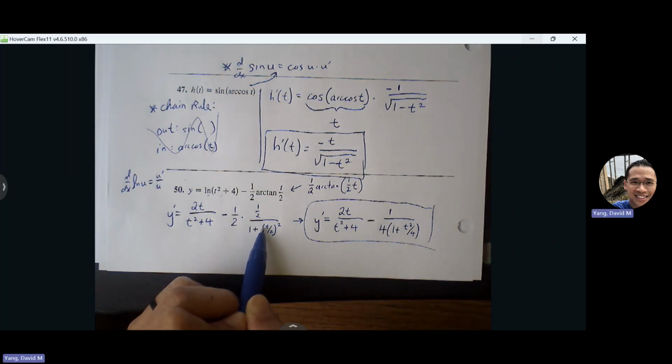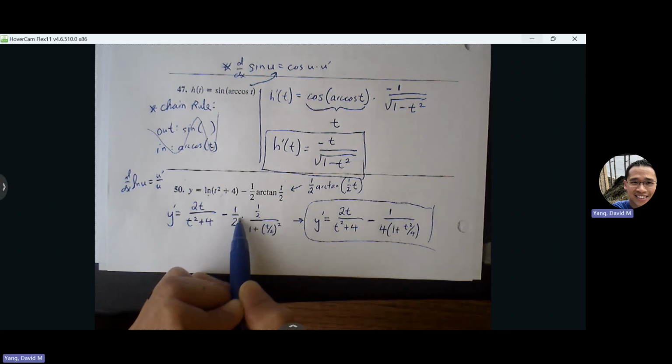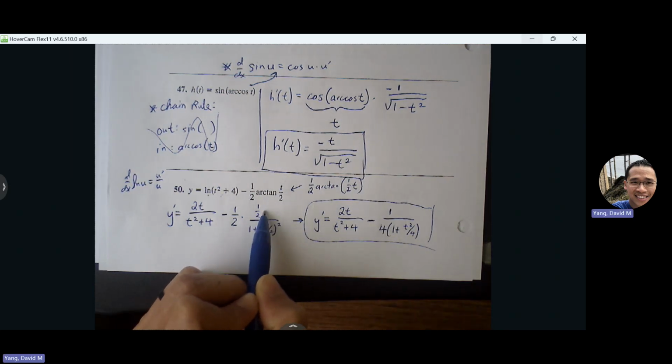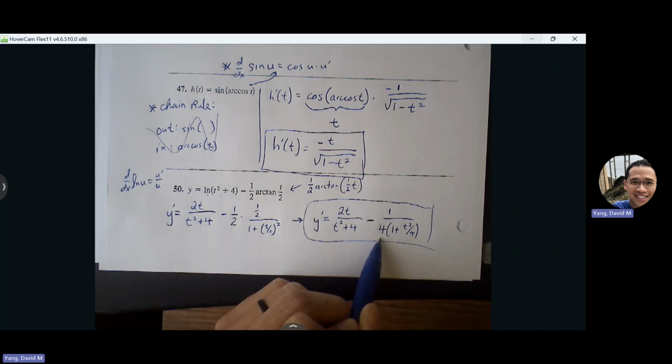And that made this 1 plus t squared over 4. Oh, 1/2 times 1/2 is 1/4. I just shifted it down to the same denominator space.